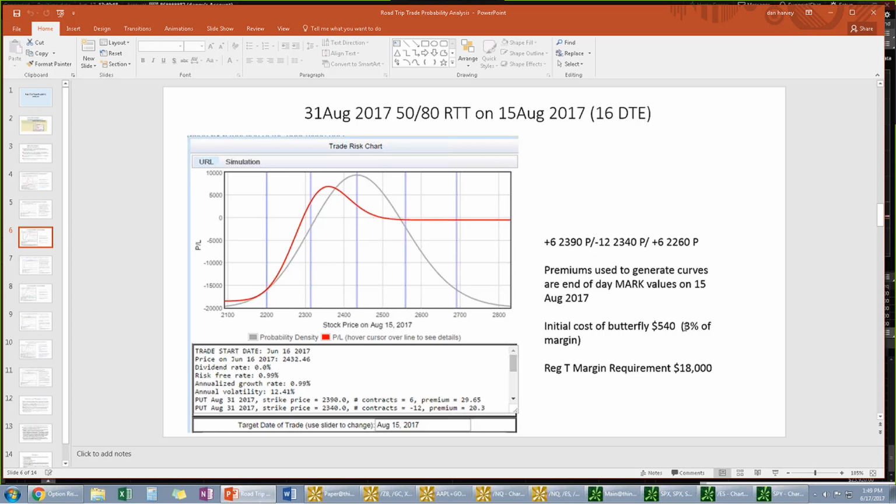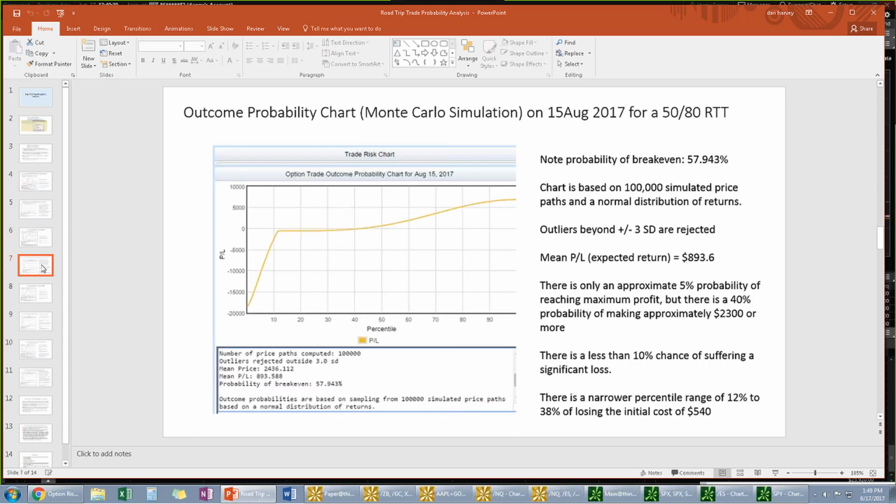So this one again, it's same butterflies, so it cost $540, which is only 3% of the margin. So this would have met the road trip trade entry tool criterion. And now when we do the simulation, you notice several things.